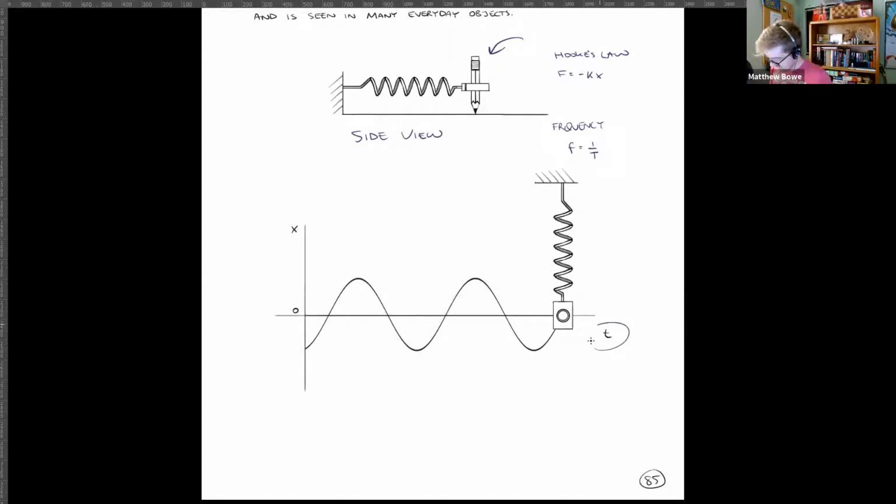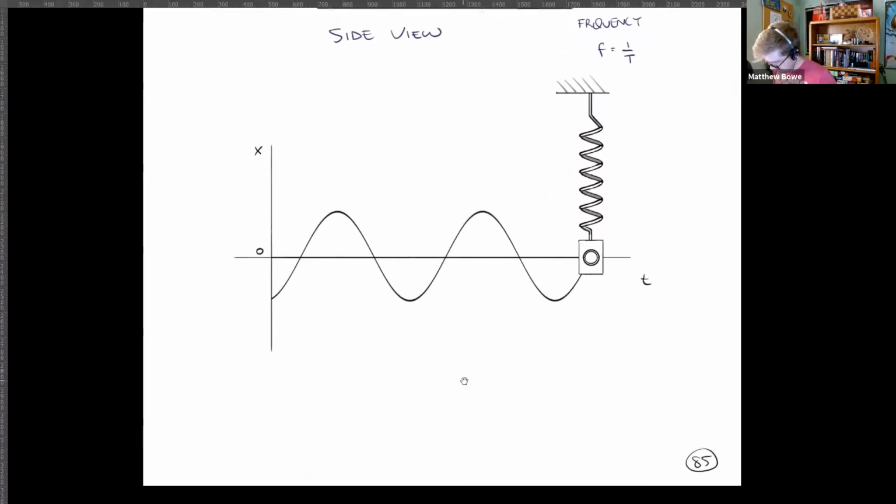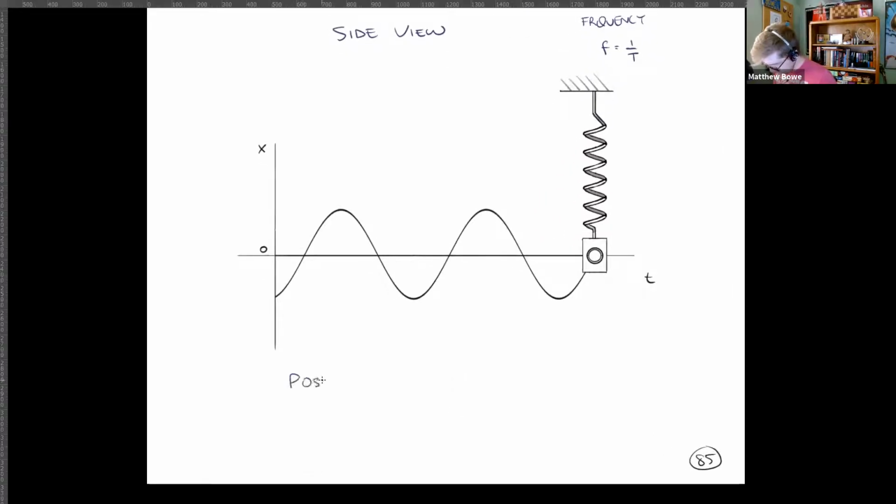Since time is always continuing at a consistent rate, I can predict where this oscillator will be. Maybe, what if I wanted to find out where it was right here? Oh, then it's some obscure position right there. So let's write down position in simple harmonic motion.